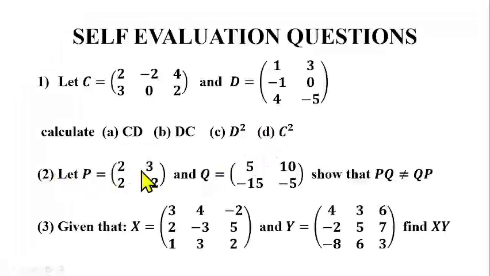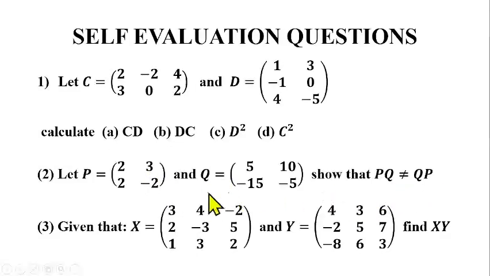Then number 2, we have matrix P and matrix Q. We have to show that PQ is not equal to QP. So for the PQ, we have matrix P times matrix Q. Get the answer for that. Then for QP, that means matrix Q is coming before matrix P. So you have Q multiplied by this P. Then multiply it as well. See what you are going to get.